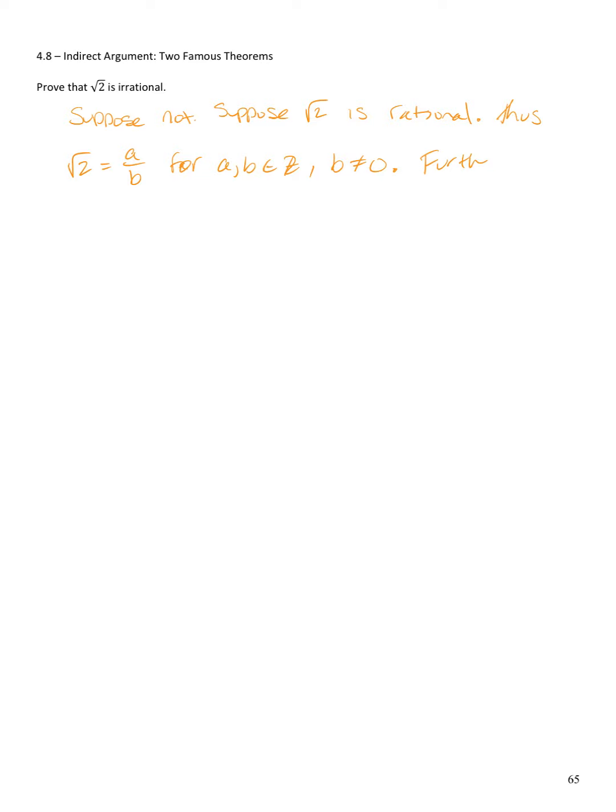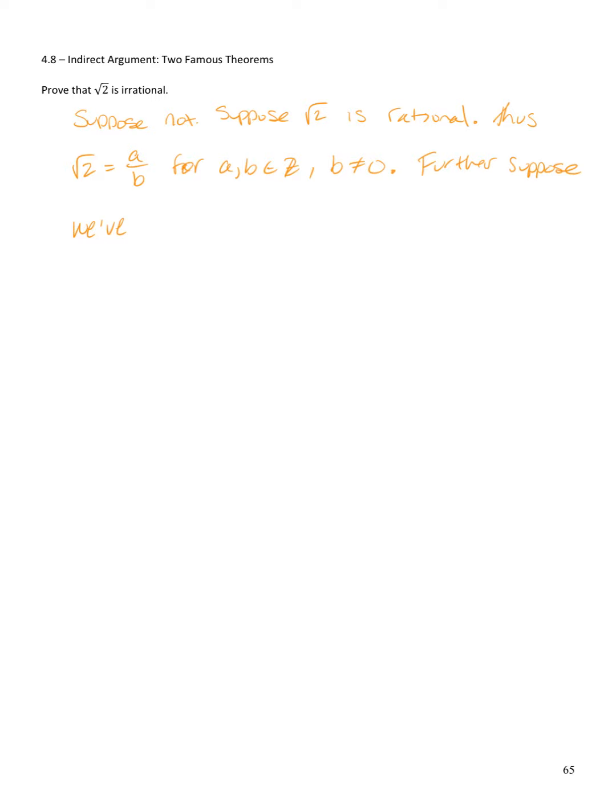Further, suppose we've chosen a and b in lowest terms. We've written a over b in lowest terms. So we've reduced that fraction, a over b, as much as possible. A and b have no common factors.